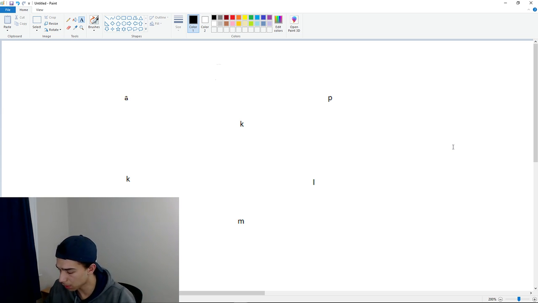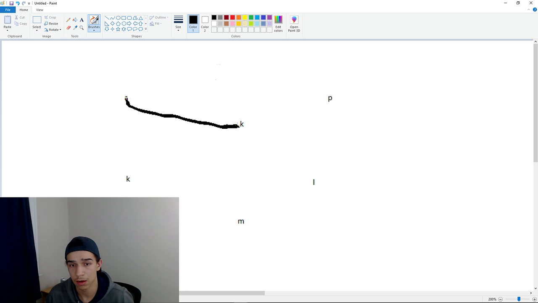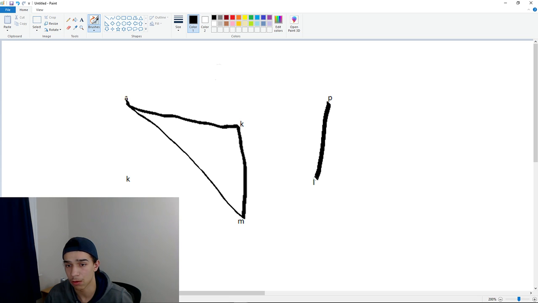And so we're talking about connected and disconnected graphs here. For example, to start out, we're going to say that this is all part of one graph. We'll say that A and K are connected, and it's also connected to M and back over to A. And then we will have P and L. That'll be another one.